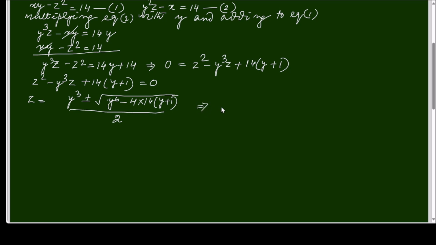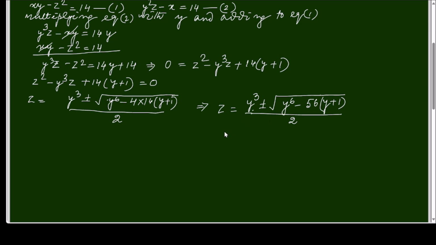So I am getting z in terms of y: z = (y^3 plus minus the square root of y^6 - 56(y + 1)) / 2.